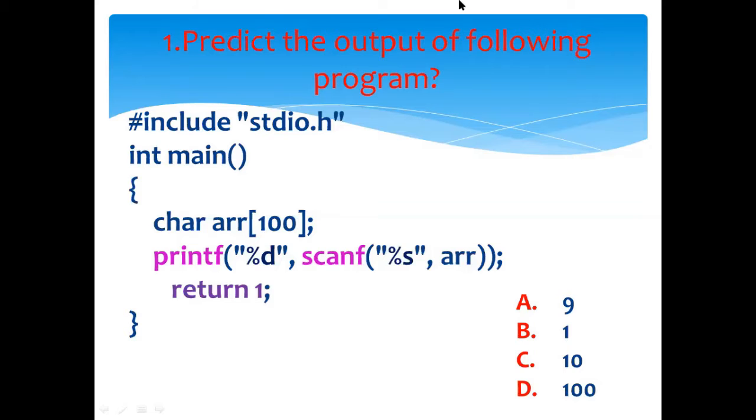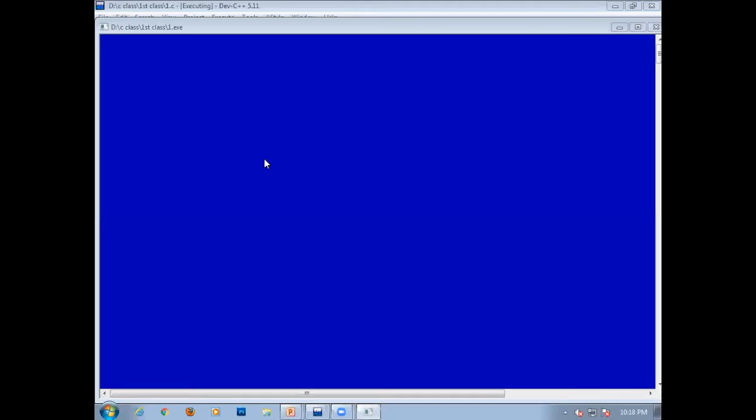When we run this program, at the output screen we can see a console with the cursor pointing at the top left. When we write some characters, it doesn't read how many characters.